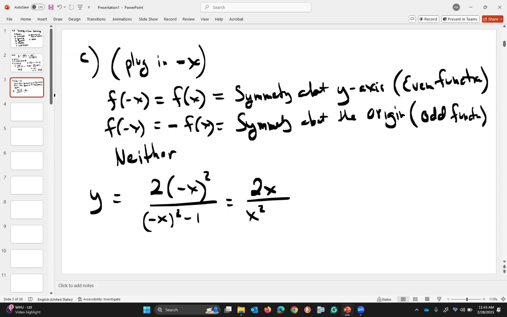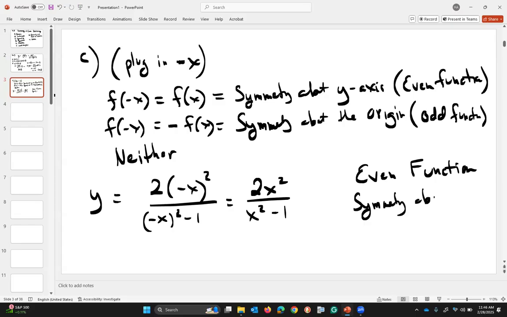And we get the same exact function we started with. So now we have an even function on our hands. Every squared would be x squared. Oh, yes. Thank you so much, Weston. Even functions. So that means we have symmetry about the y-axis. Cool. All right.